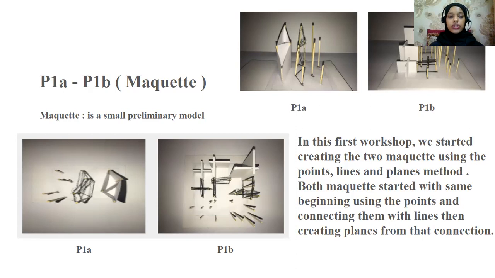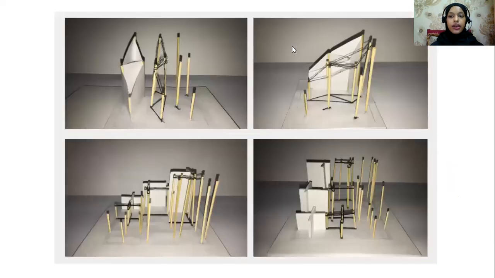Both maquettes started using the same beginning, which is about the points, and these points created the lines, and the many lines created the planes at the end. These are some pictures of the models, as you can see, and these are other pictures using the bamboo sticks and the string and some papers and a thin foam board.